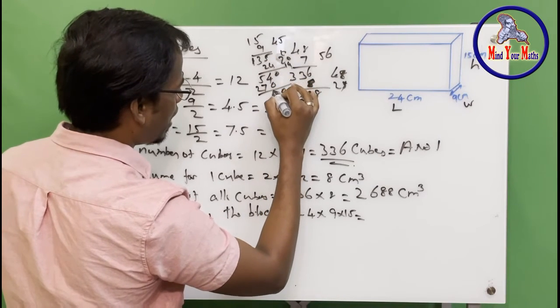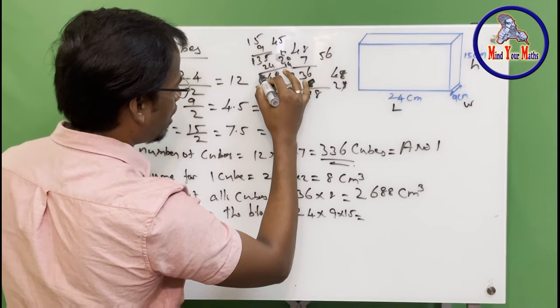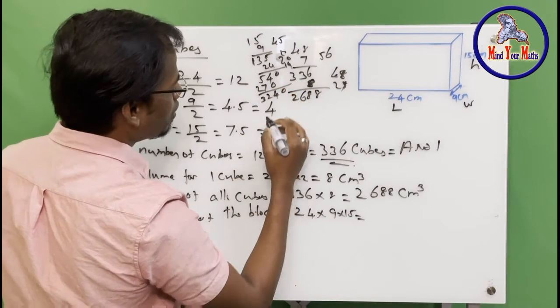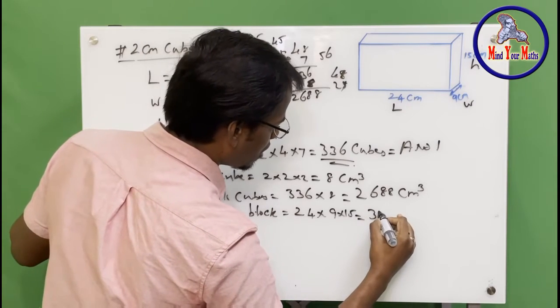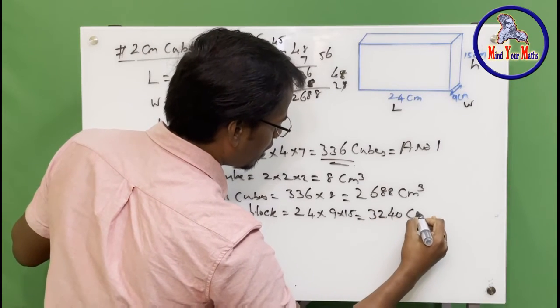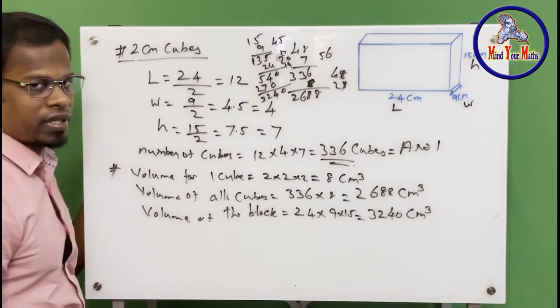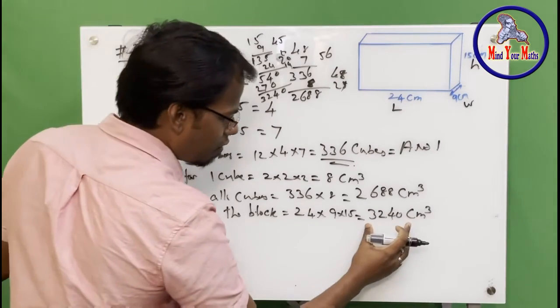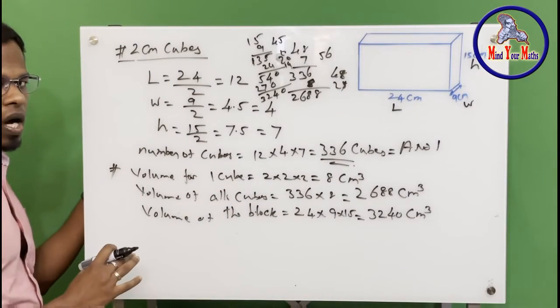Let's add them. 3240 cubic centimeters. So that is the volume of the whole block.